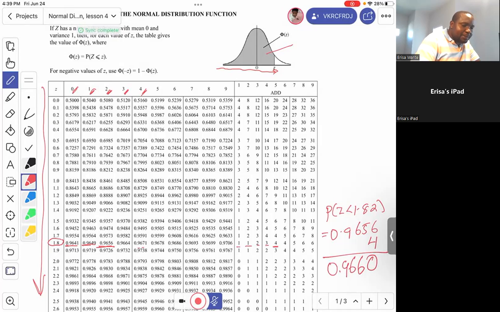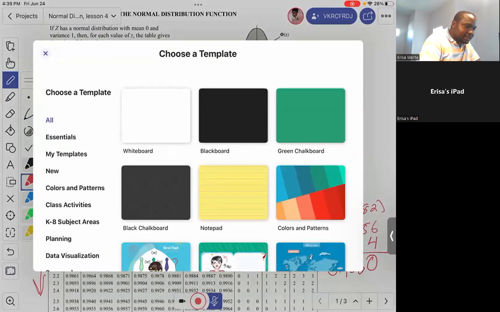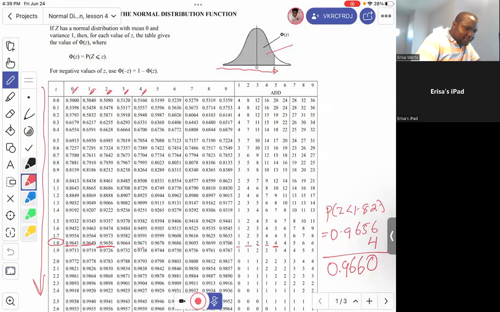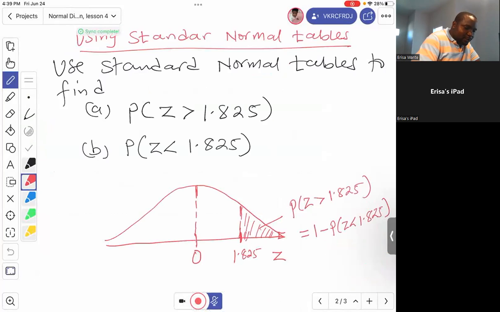So the probability that Z is less than 1.825 here is 0.9660. So here you have 1 minus 0.9660.